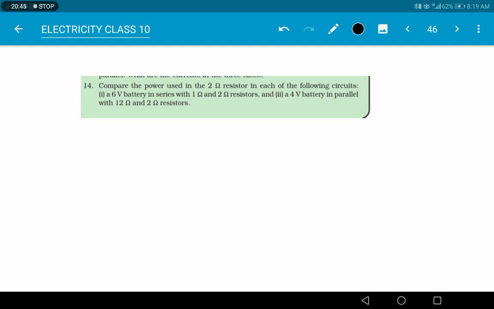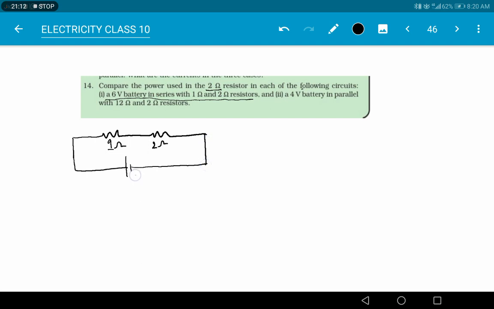Right, next one. Compare the power used in 2 ohm resistance in each of the following circuits. So a 6 volt battery in series with 1 ohm and 2 ohm resistors. So the first connection is what? 1 ohm and 2 ohm connected to the 6 volt battery, and then a 4 volt battery in parallel with 12 ohm and 2 ohm.